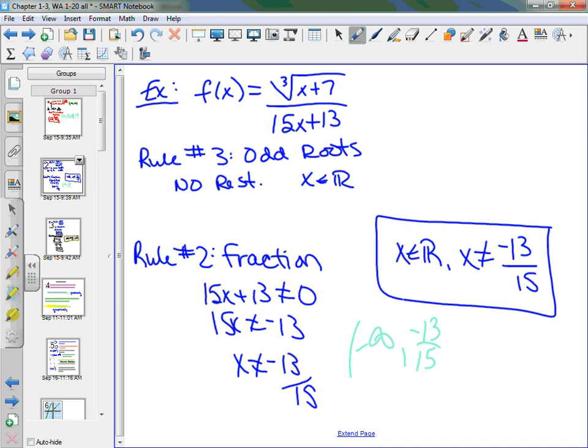No. So is it bracket or parenthesis? Parenthesis. And is that as large as it can be? No. So what do I do to put more? A U. And where does it start again? Parenthesis negative 13/15, comma. And what's as big of a number as it can be? It says x is an element of the reals. It's excluding negative 13/15, so it goes all the way to infinity. Now, that's not as nice a notation, is it? Because you've got two of them that you have to write.